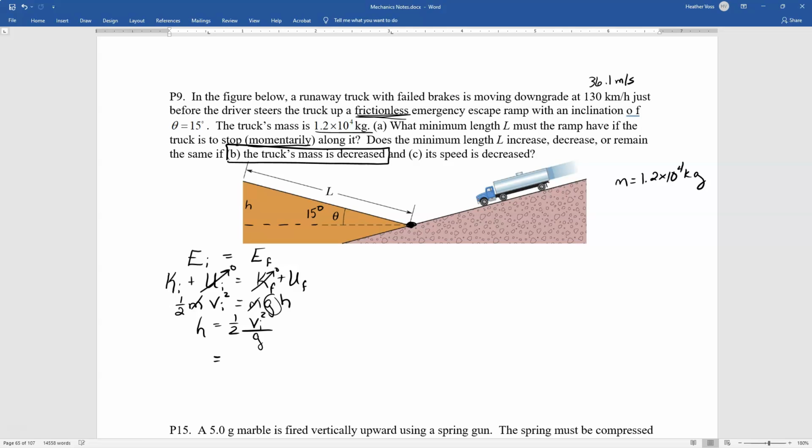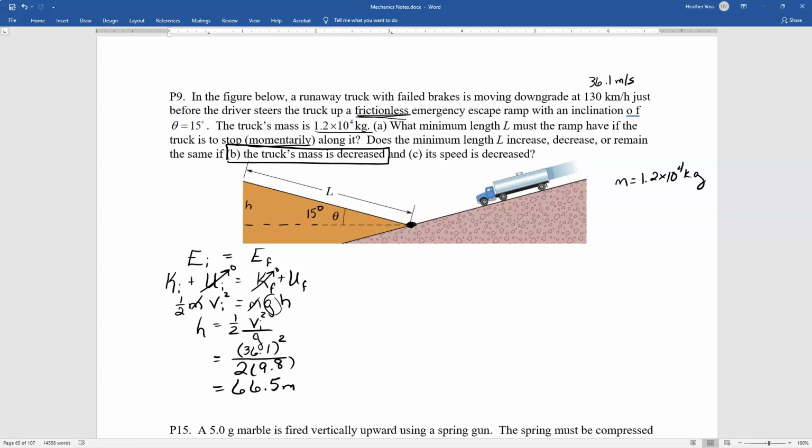If I put my numbers in, I'm going to have 36.1 squared over 2 times 9.8. That's going to give me 66.5 meters.